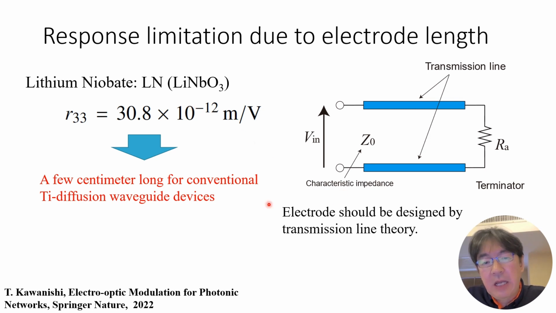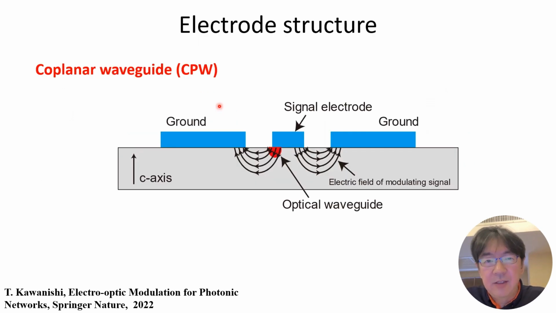So electrodes should be designed by transmission line theory. Otherwise, the response is limited by the capacitance of the electrode. So we need to carefully design the transmission line structure to achieve high-speed response. Here's an example of the electrode structure. Coplanar waveguide has two ground electrodes and a signal electrode here.